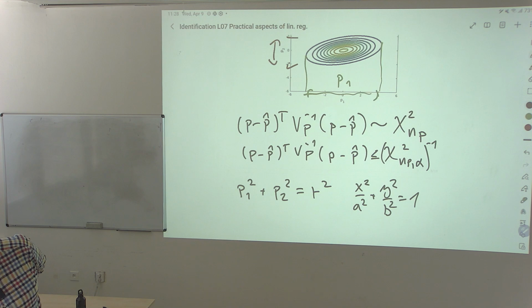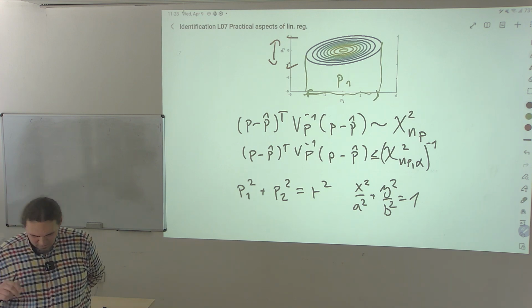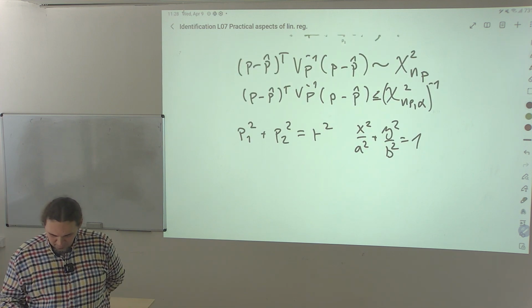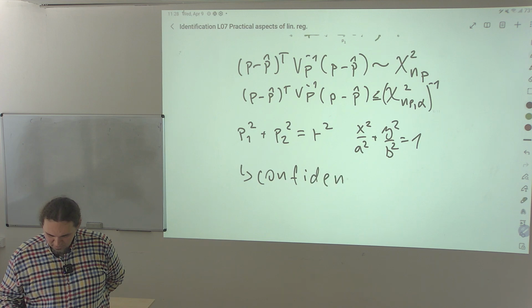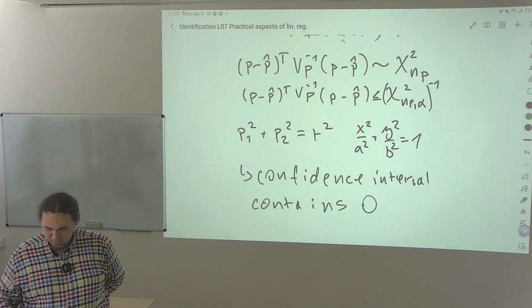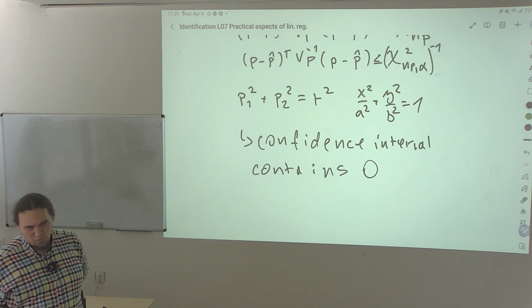Okay, let's see whether I forgot something important. Of course, the best indication: if we recover our confidence interval, and the confidence interval contains 0, then this is a warning sign.